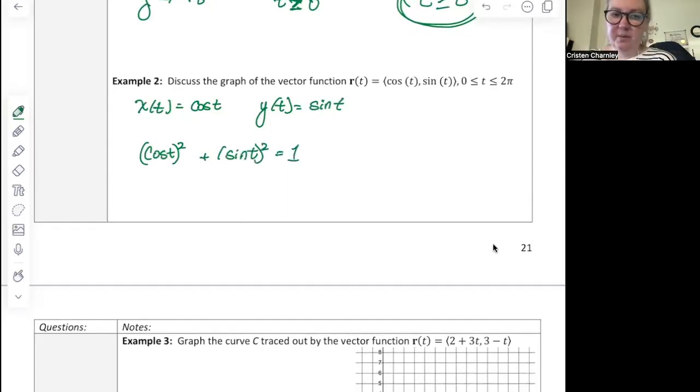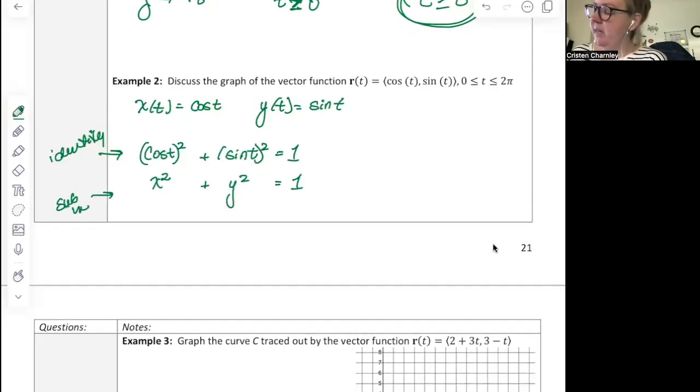We're all very familiar with that. So if I replace cosine with the x and sine with the y, I now have x squared plus y squared equals 1. So this first piece is an identity, and the second piece we substituted in. And what are we left with? Well, x squared plus y squared equals 1 is a circle of radius 1.